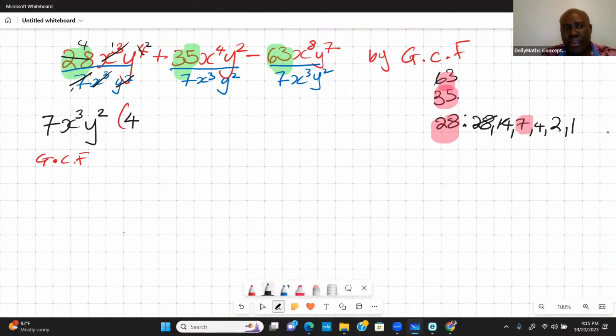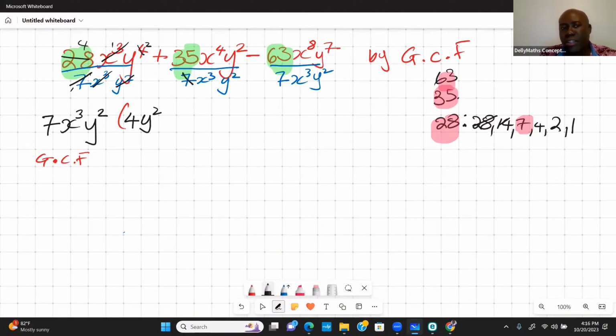So the term that is left is 4y to the second. Just in case you're wondering what happened with the x: if the same variable with the same degree divides into itself, it becomes 1, so there is no more x. 1 times 4 still gives us 4.